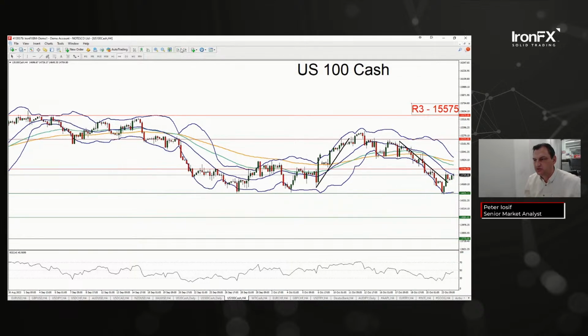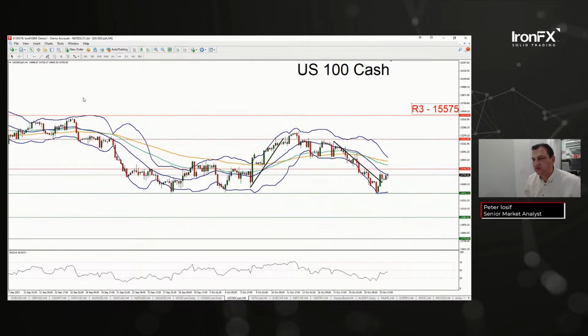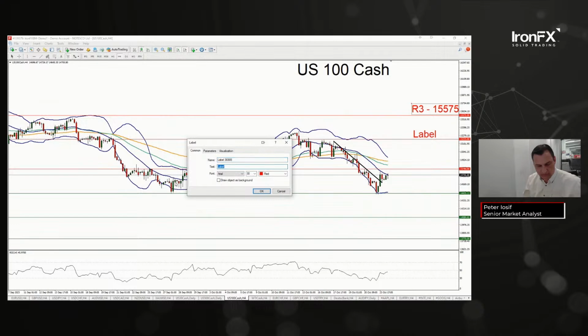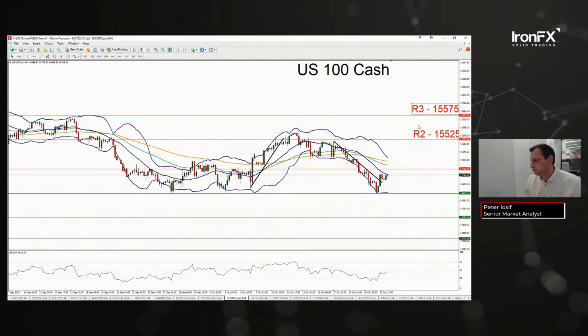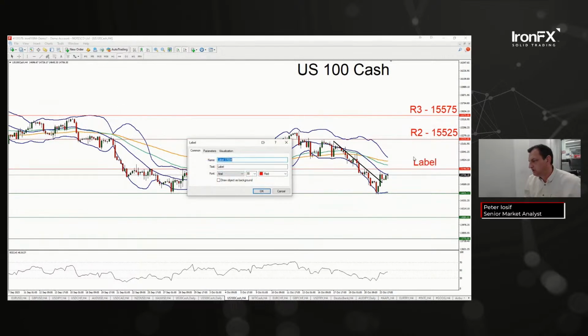So that's pretty valid as well. Moving to the next, the R2, which would be the 15,225. Moving now to the R1 at 14,790.